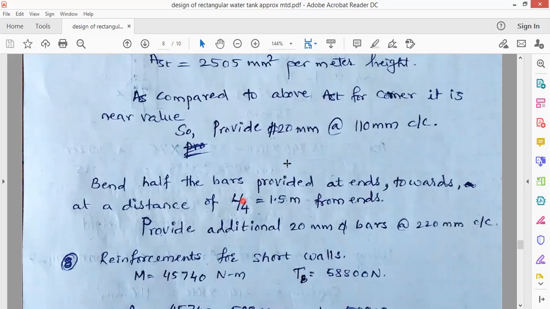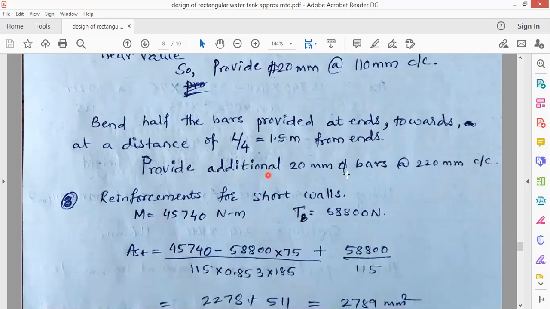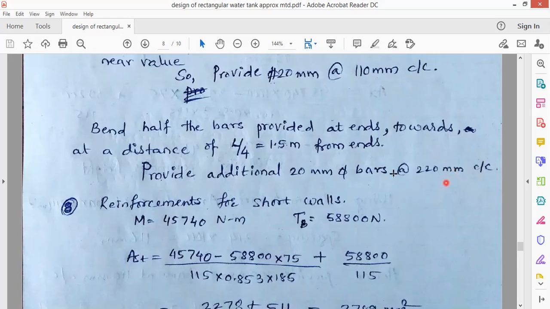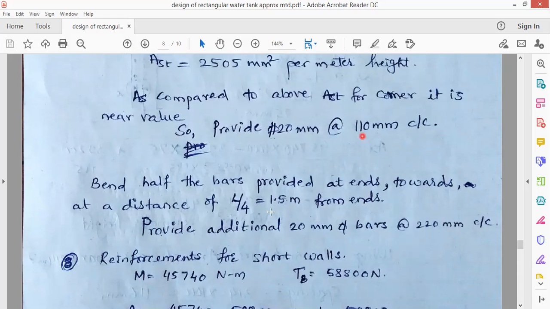So these bars will be taken from the outer face to the outer face. So provide additional 20 mm bars at 220 mm center to center, means when I am providing these 110 mm bars for the central span, alternate bars I am going to extend beyond this L by 4 distance, that is 1.5 meter distance.